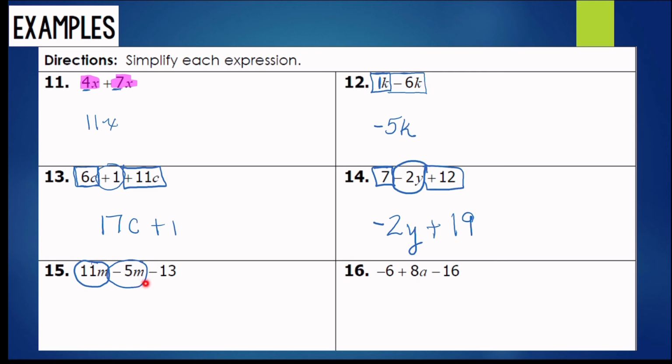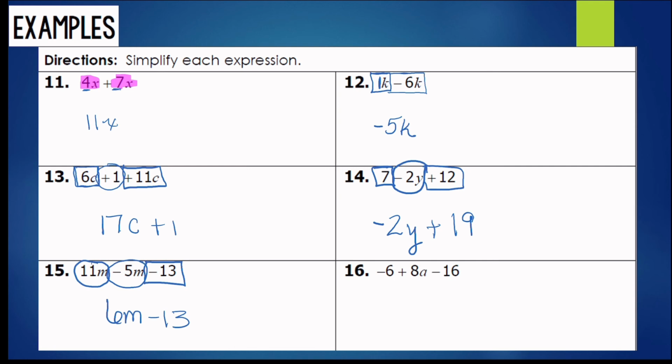I then come here, it's a different term, so it's going to get a different shape. So now, by doing this, I have a positive 11 and a negative 5. That will give me a positive 6m. My 13, it doesn't have anything there, so just minus 13.